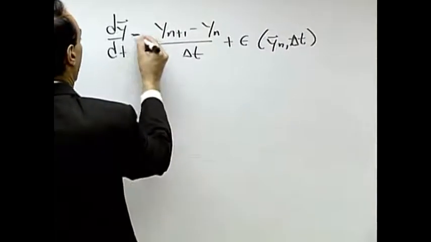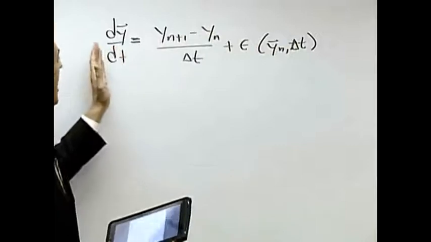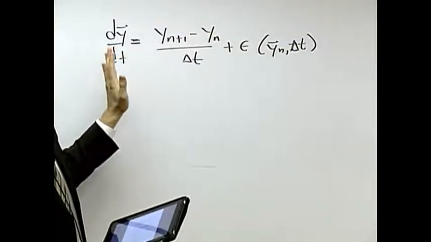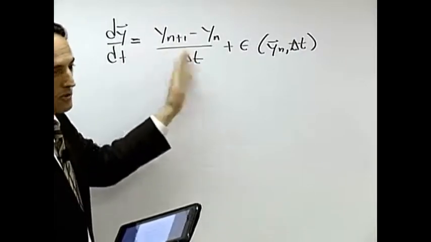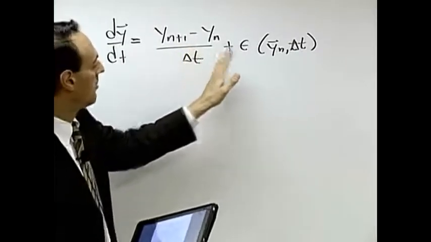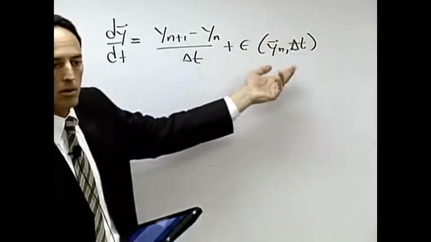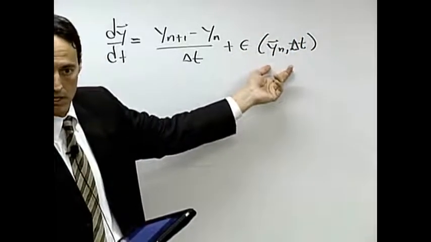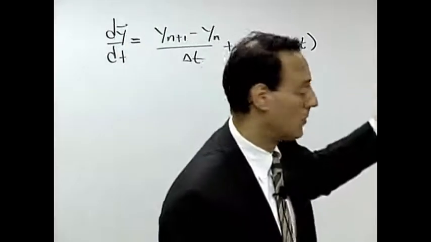And by the way, this is exact, because now what we did yesterday was we threw this out and said, I'm not going to take the limit as delta t goes to 0. I would say dy dt is equal to this difference of position over time, slope formula. But before, we just threw this away to get our Euler formula. But now I'm going to say, well, let's keep in this error. I know what the error is generated from. Hey, the error is generated from that truncation we just erased.